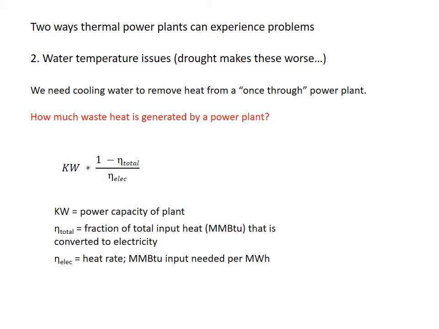And so let's think about how much waste heat is generated by a power plant. So let's say we have a power plant that's producing a certain amount of power, kW.